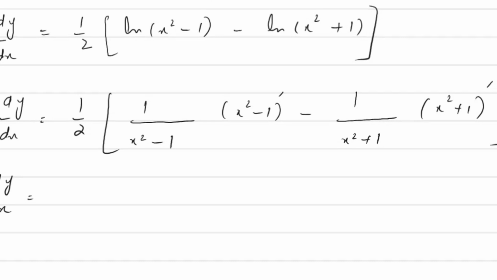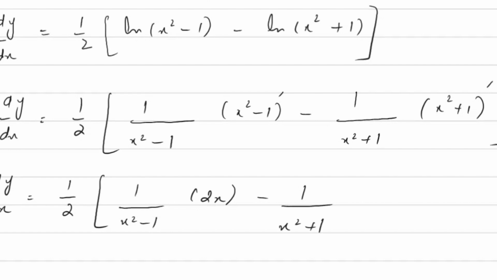Fine. dy by dx is equal to 1 upon 2, 1 upon x square minus 1, and derivative of x square will be 2x, and derivative of 1 will be 0. So just the 2x will be there, x square plus 1, and again 2x plus 0.